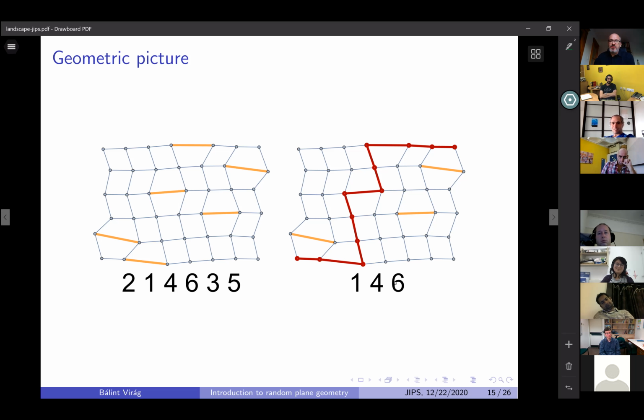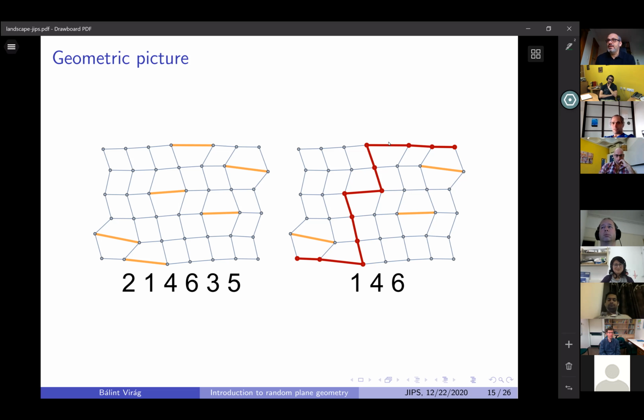You see you have the permutation, the longest increasing subsequence 1, 4, 6, which corresponds to the long edges that I picked up: the long edge corresponding to 1 here, the long edge corresponding to 4, and the long edge corresponding to 6. So it's the longest directed, upright path in this grid, and that gives me the longest increasing subsequence.